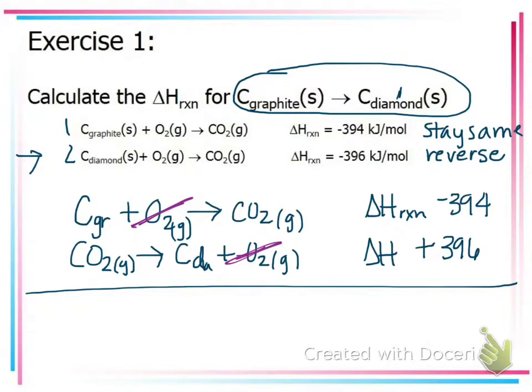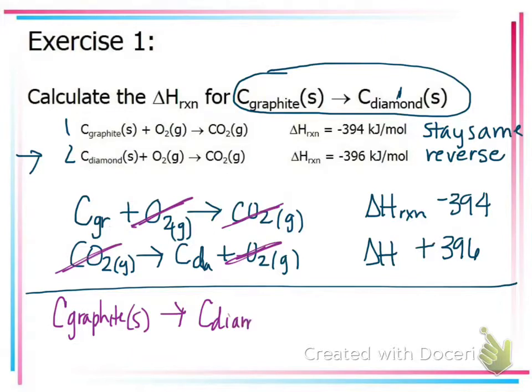Carbon dioxide is on the product side in the first equation and the reactant side in the second equation, so they will cancel each other out. What we are left with is carbon, graphite, yields carbon, diamond. And so it matches what we needed it to.